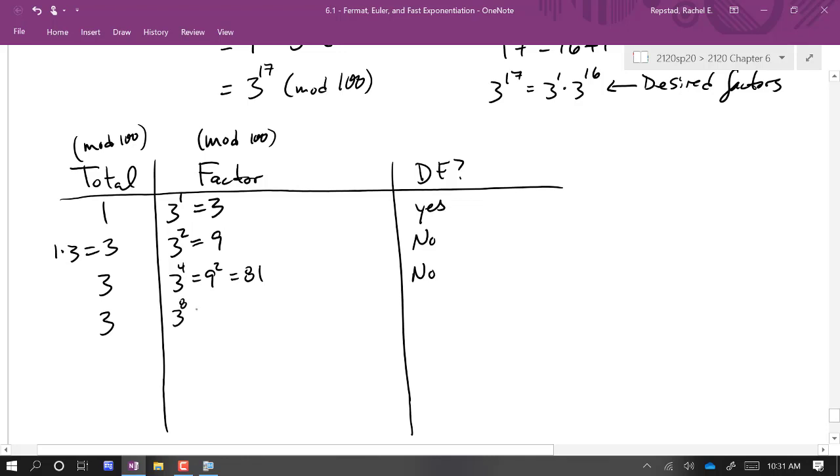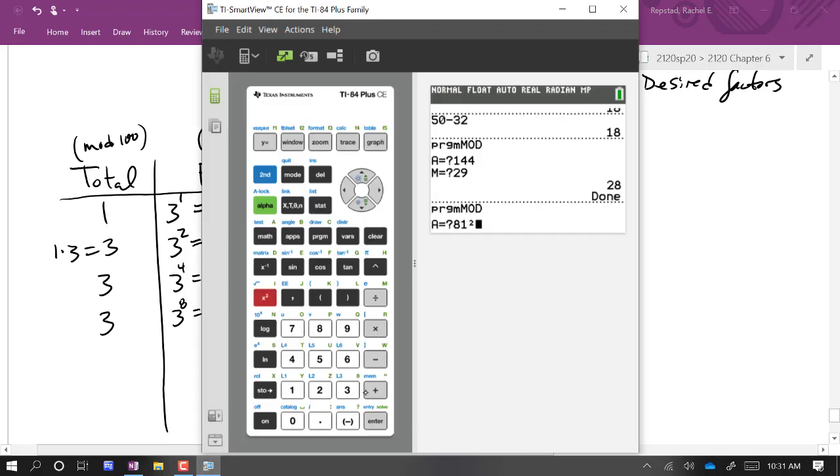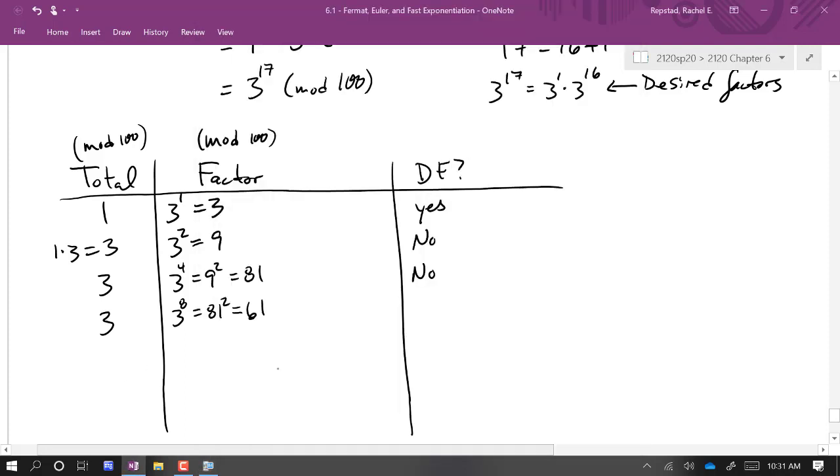Then 3 to the 8th, which is 81 squared. Mod 100 is 61. Not a desired factor, so again my total holds at 3. Then last, 3 to the 16th. There's my last desired factor.